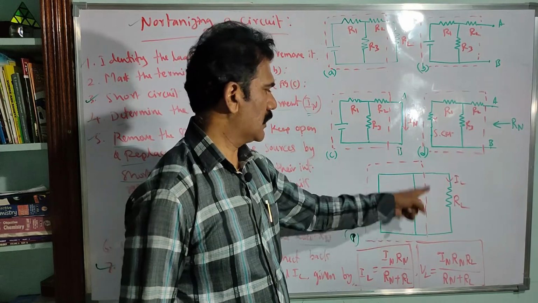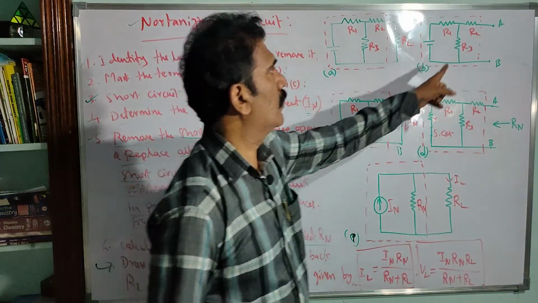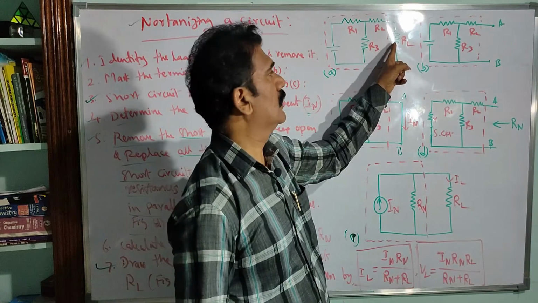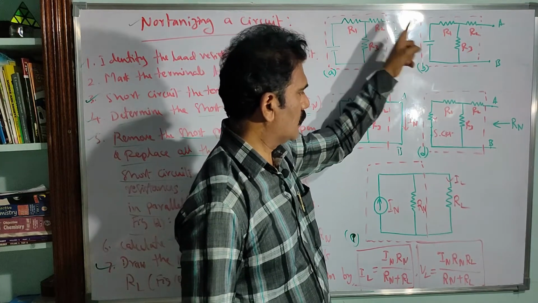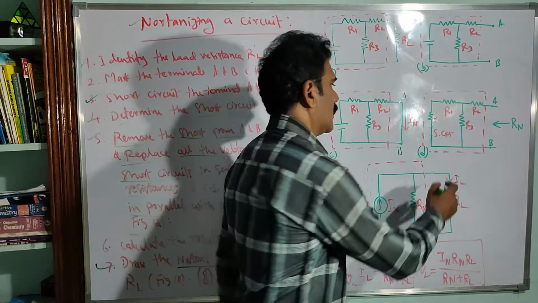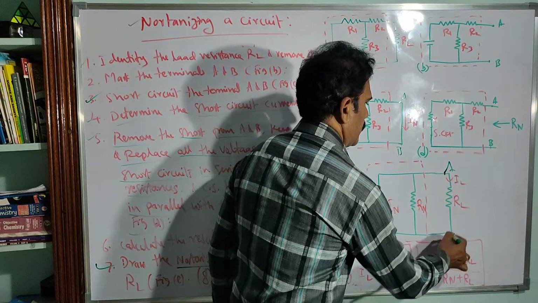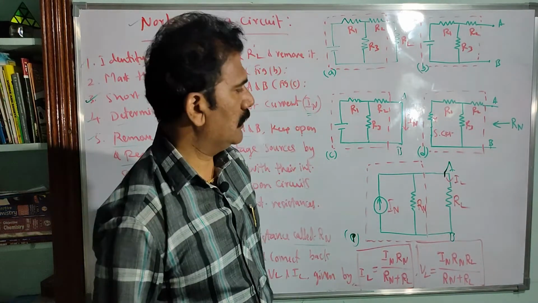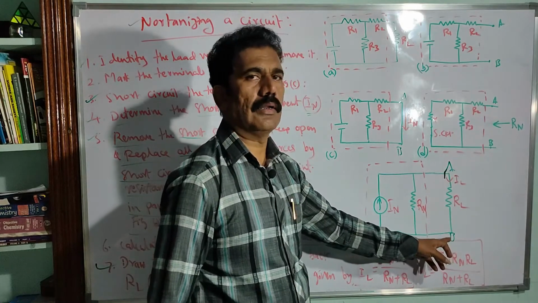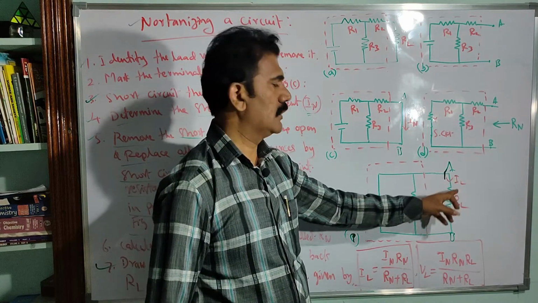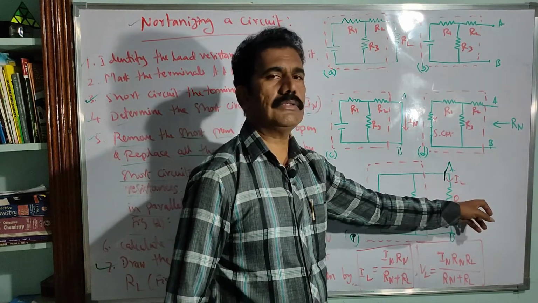Then across the simplified network, connect back the load resistor. RL was removed, so it should be connected back across the same terminals A and B. Then we can find the current through the load RL as IL and measure the voltage across RL as VL.